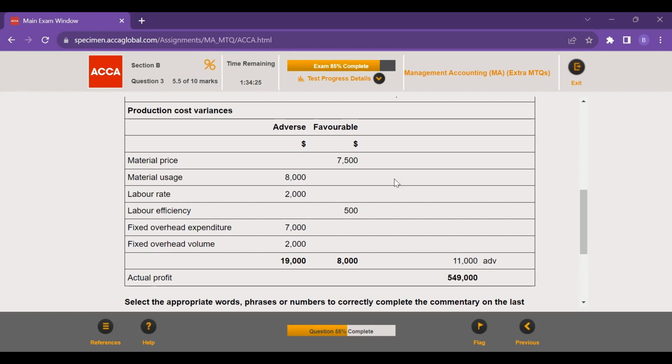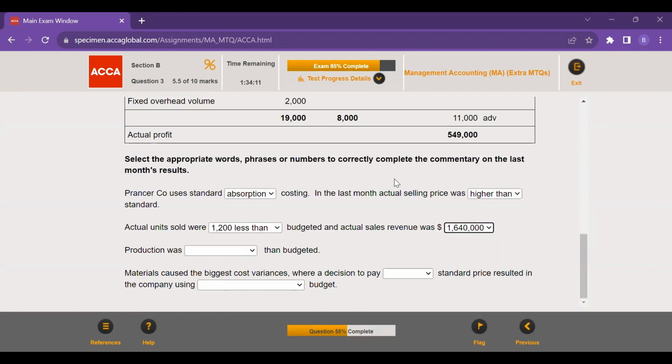When we have a favorable material price variance, this indicates that the materials purchased were bought for a price which is lower than how much you had budgeted. I skipped to gap 6 first, so coming back to gap 5, let's have a look at our production.